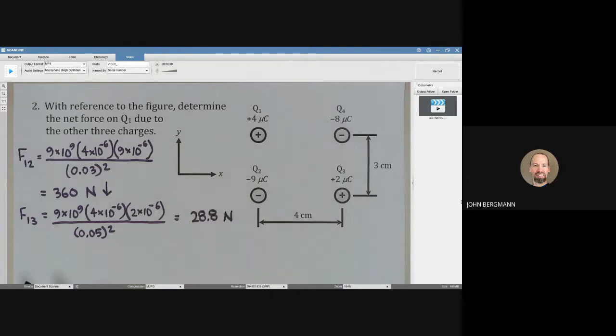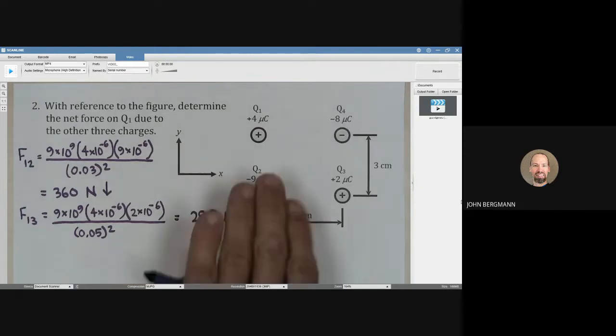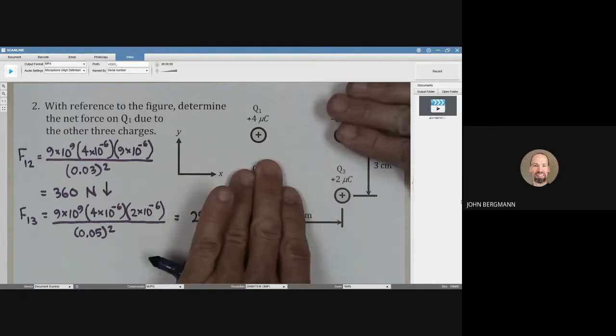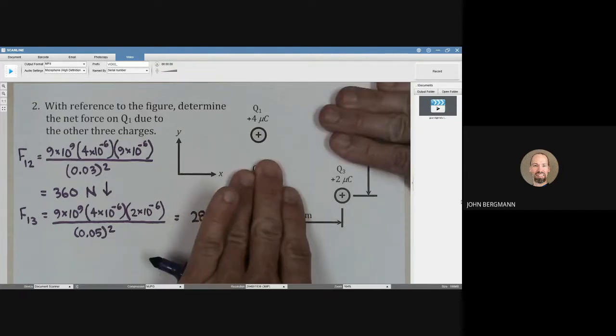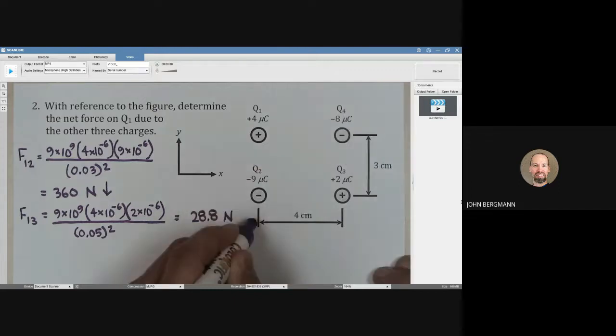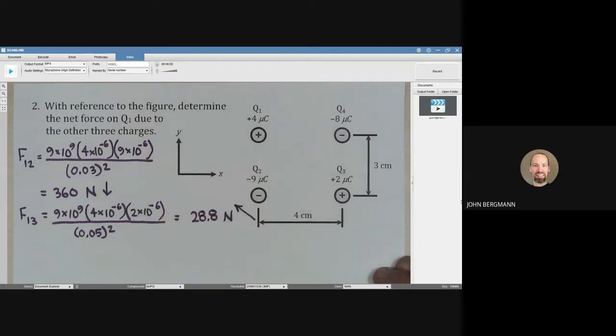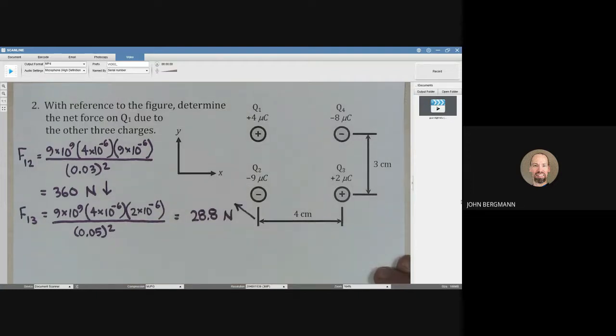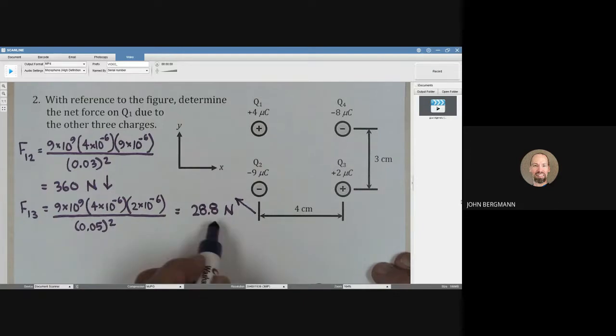And what's the direction of that force? Well, again, we're focusing on charges 1 and 3. We can see they're both positive, so this is going to be a repulsive force, and it's going to act, therefore, in that direction on Q1. Now, we're going to need to break that into its components.